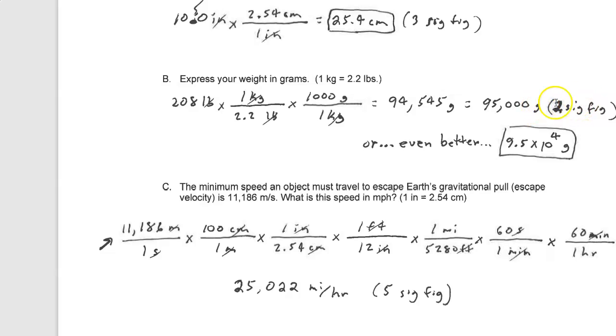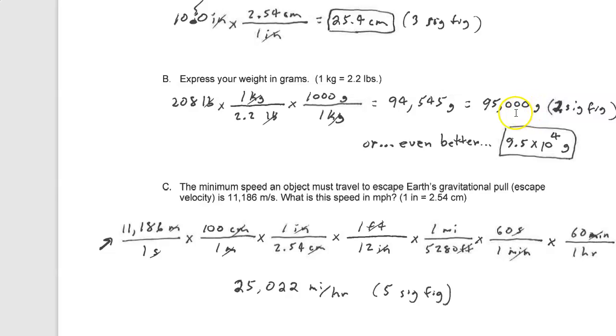Now, 95,000 grams. How many significant figures are there? Well, again, could be 2, could be 3, could be 4. This is one of those things where it's zeros after non-zero digits before the decimal. So a better way to report this, to say, hey, I mean 95,000 to 2 significant figures, is to put that in scientific notation.